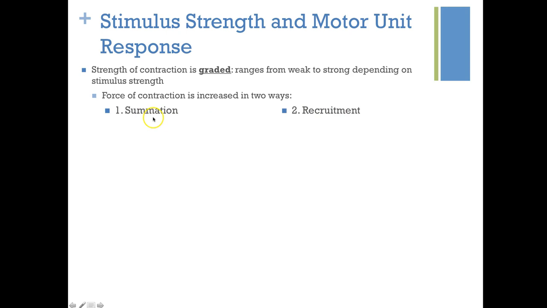And what we call this strength of contraction is a graded contraction, meaning it's ranging from weak to strong contraction, and it really just depends on the stimulus. If we get enough frequency of our action potentials, that means that we are going to want to recruit more motor units to get an increase in strength of the muscle.